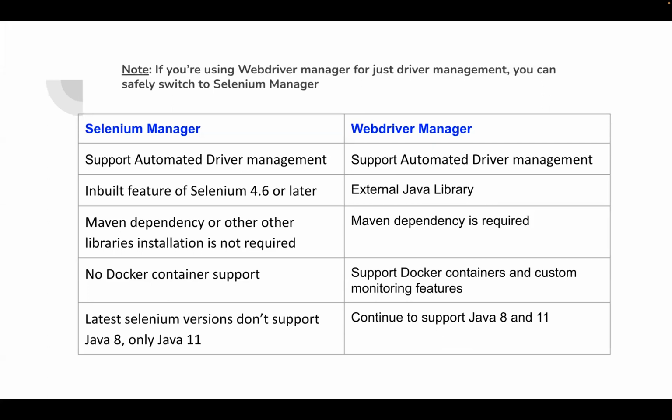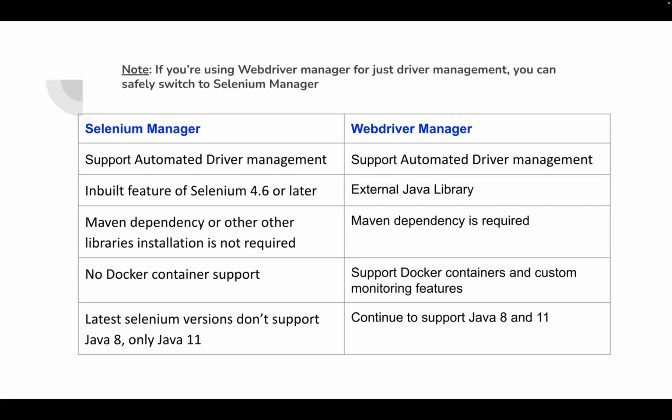Say, for example, if you want to execute your automated test using the Chrome browser, WebDriver Manager would check what browser version is installed on your machine. Based on that, it is going to download the compatible Chrome driver version and save it in the cache.